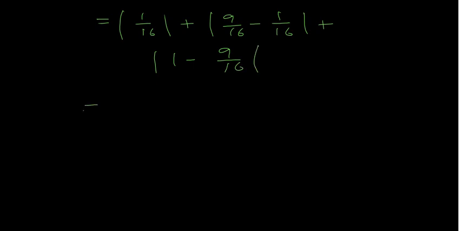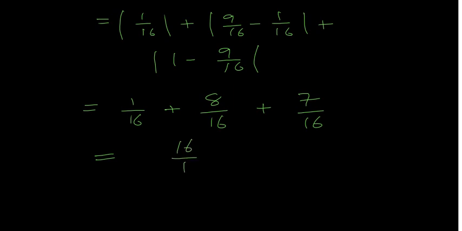So this is 1 by 16 plus this one, 9 minus 1, that's 8 by 16, and it's a positive number, so we can remove the mod here, plus 16 minus 9, that's 7 by 16, again a positive number. That's equal to 1 plus 8 is 9, 9 plus 7 is 16, it's 16 by 16, that's equal to 1. So 1 is the variation of the function with respect to that partition, and we will show that its total variation is also equal to 1. Why? Because this function is actually monotonic increasing.